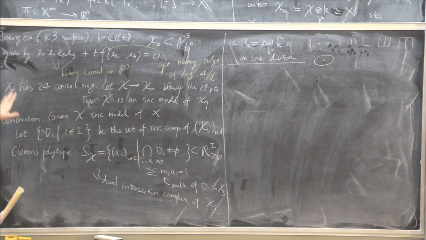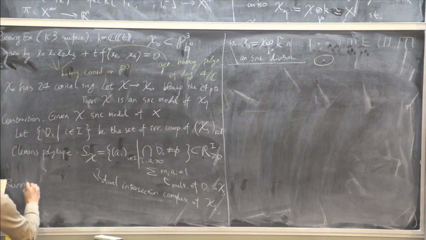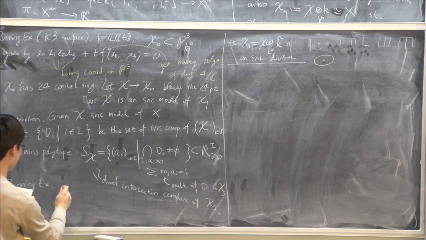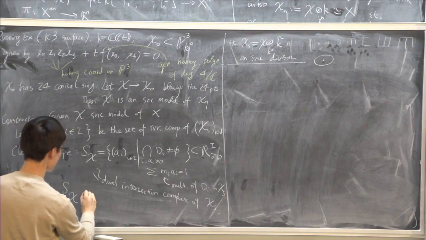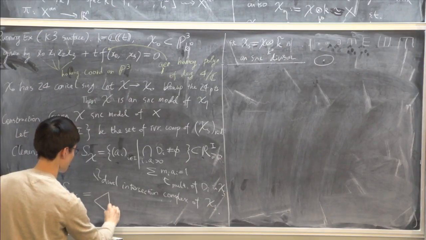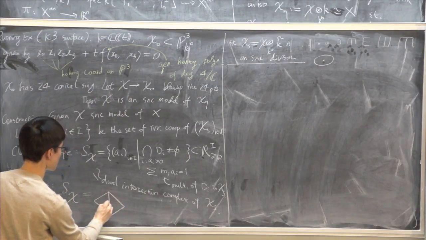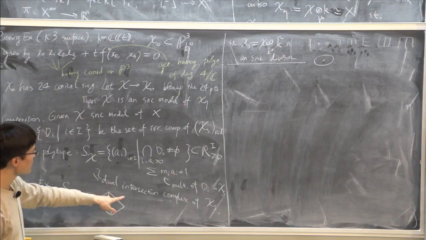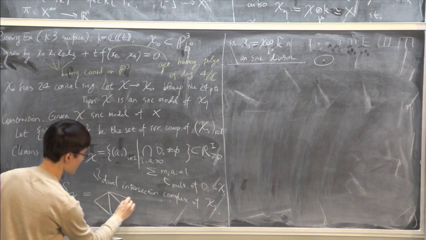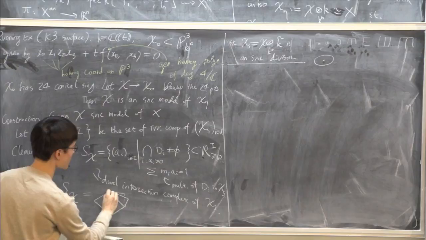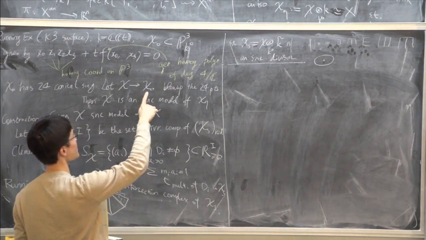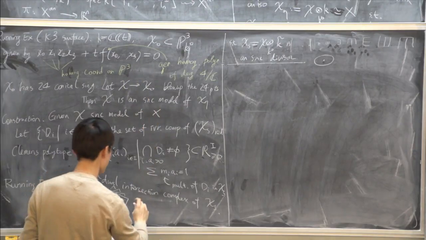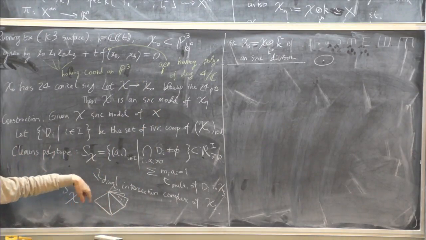Running example: for our K3 surface, this equals first a tetrahedron, and then for every edge of the tetrahedron, we have 4 triangles attached. That's because I blow up some points there. So in total we have 24 triangles.